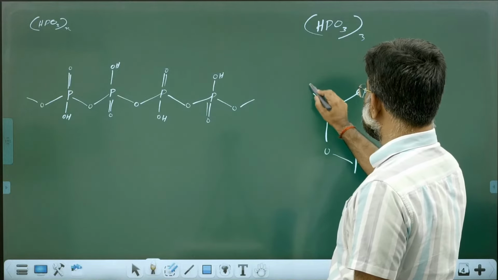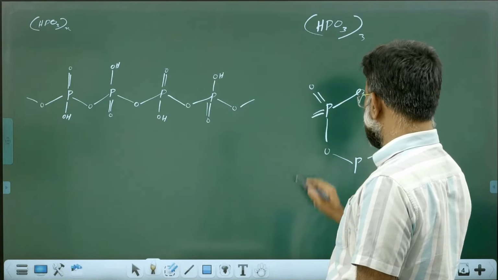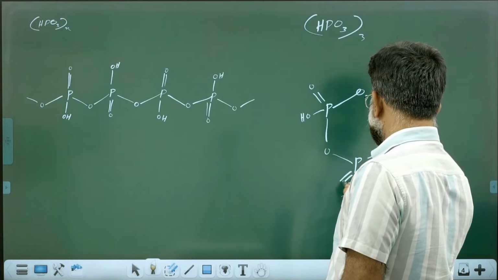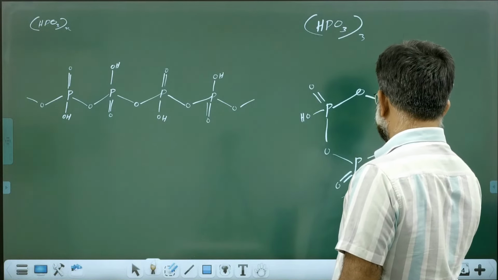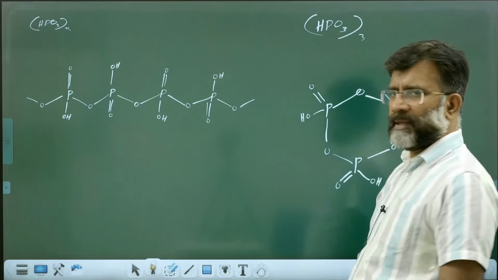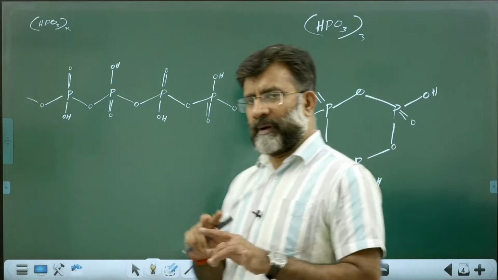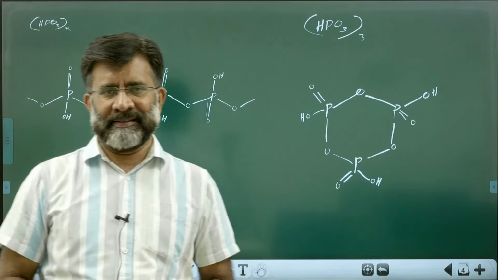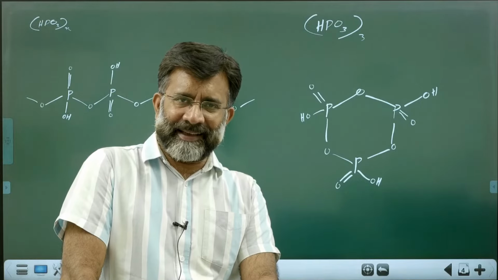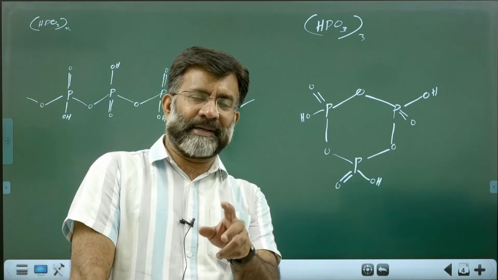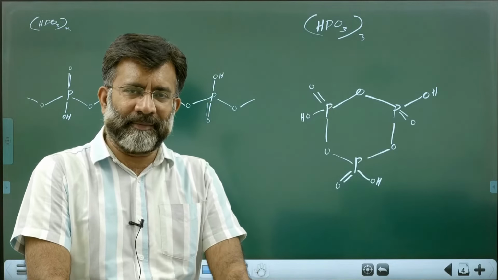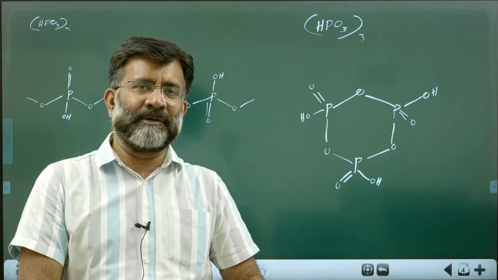Now give the essential bonding: P double bond O and POH, P double bond O and POH, P double bond O, POH like this. This is cyclo-trimetaphosphoric acid. There is hexametaphosphoric acid, and the sodium salt of hexametaphosphoric acid we use in the removal of hardness, the Calgon process.